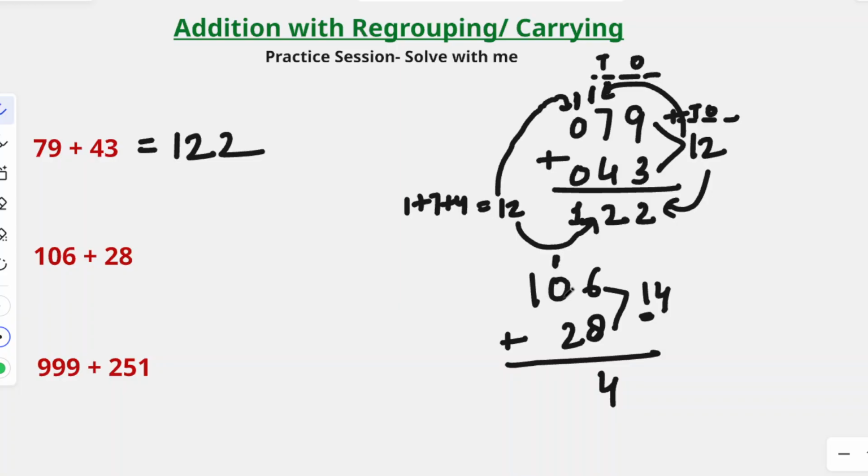Now 1 plus 0 plus 2 gives us 3. And this 1 will be written like this only, right? Because here we have 0. So 1 plus 0 we get 1. So 106 plus 28, the sum is 134. How do we say it in expanded form? 1 hundred, 3 tens and 4 ones, right?